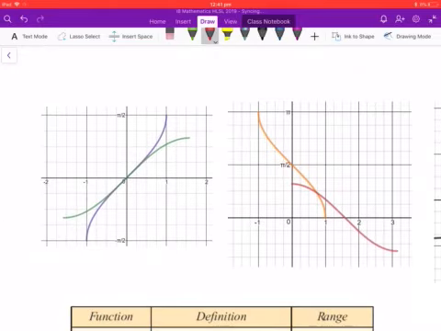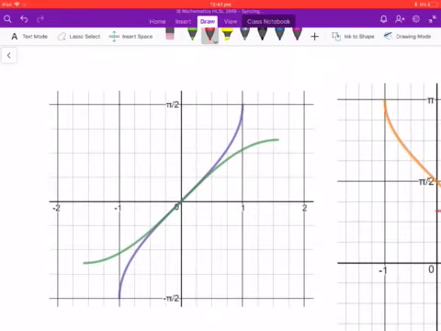So if we go back, I've got a sketch of each one. We see here the two curves together. The green curve is y equals sine x, but only from minus pi on 2 to pi on 2, the restricted domain.